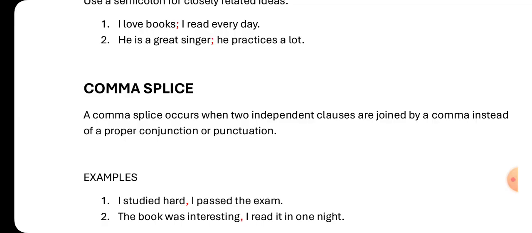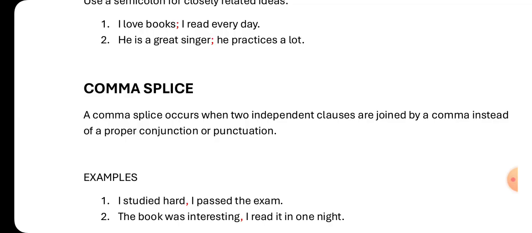So the comma splice is when two independent clauses are joined by separating them with a comma, to make it feel like a complete sentence. And I say that is not it. It is called a comma splice.